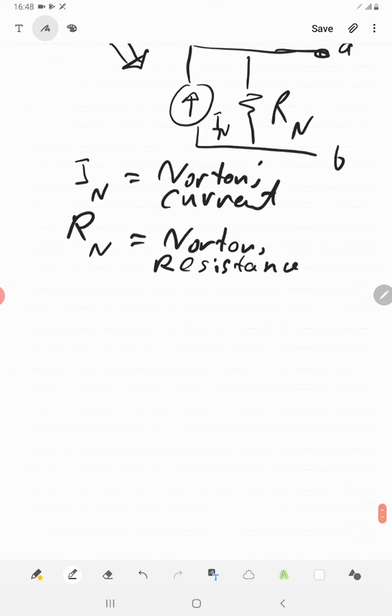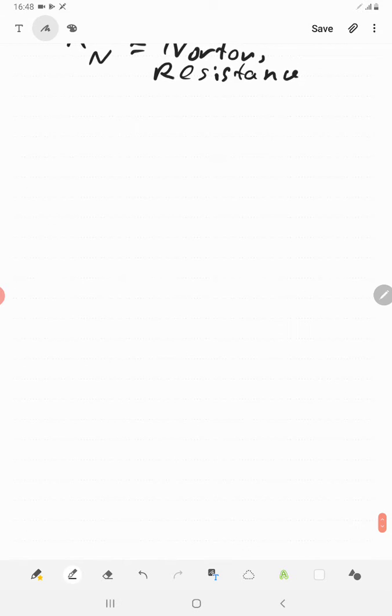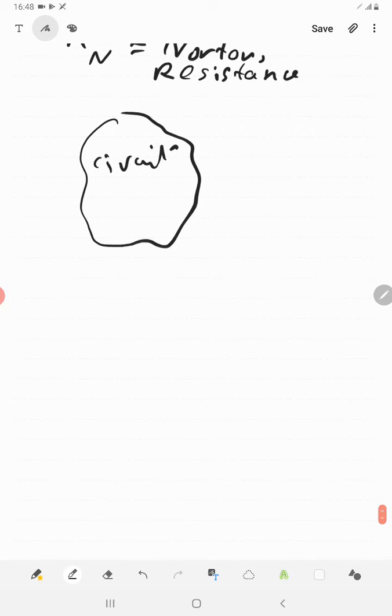Now, let's look back at the circuit. This is the circuit. These two points, A and B, are nodes. We make a short circuit here. In Thevenin's theorem, we make here an open circuit. For Norton's, we make a short circuit, and we determine what is the current here.